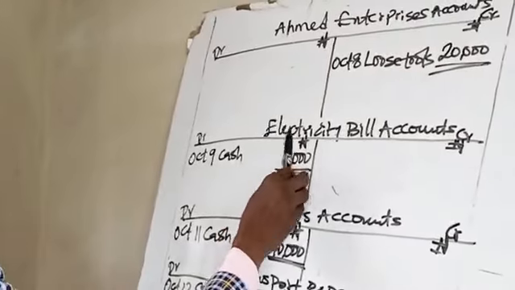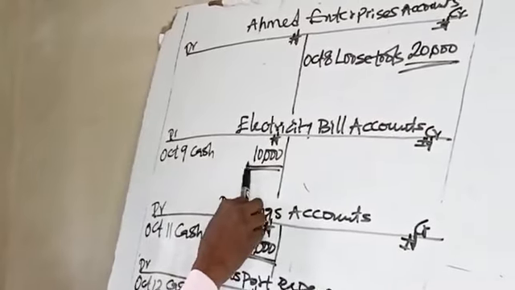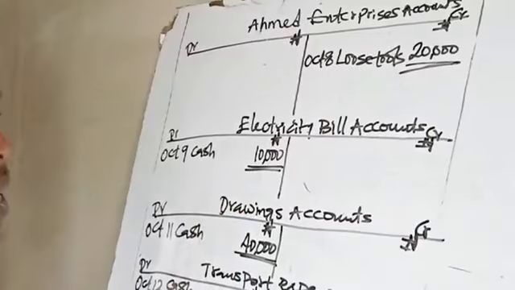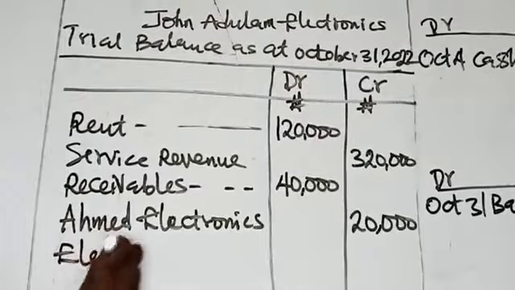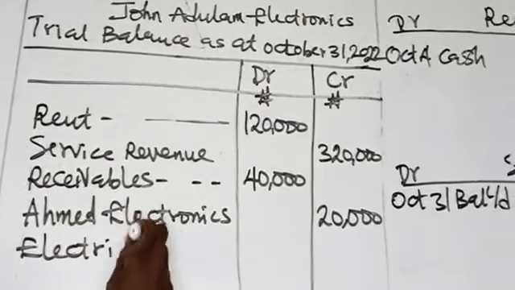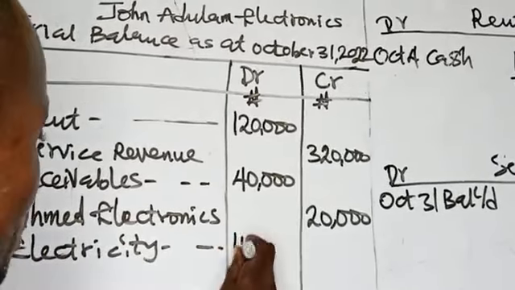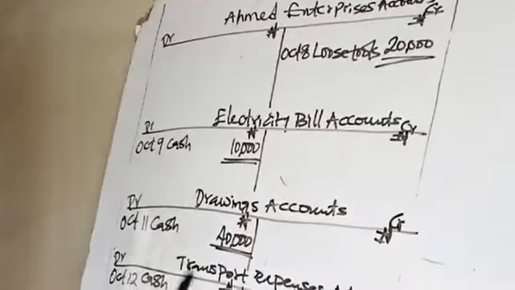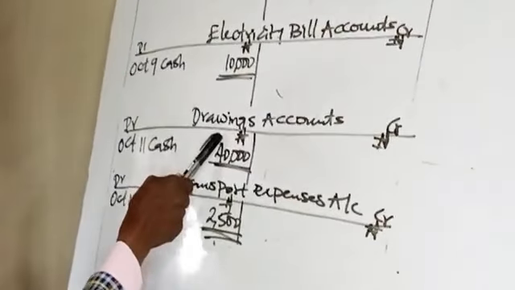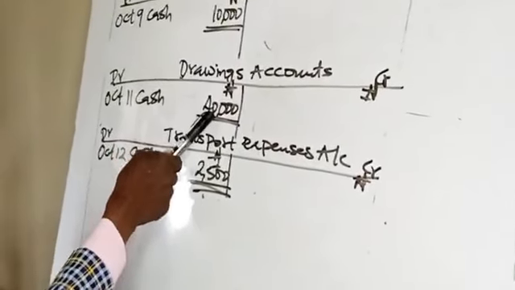We also have electricity bills, 10,000 debit balance. Electricity, 10,000 debit balance. Then we have drawings, 40,000 debit balance.